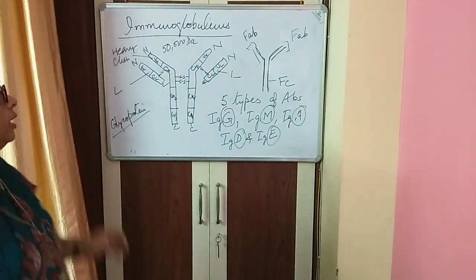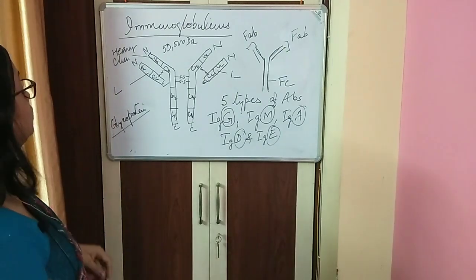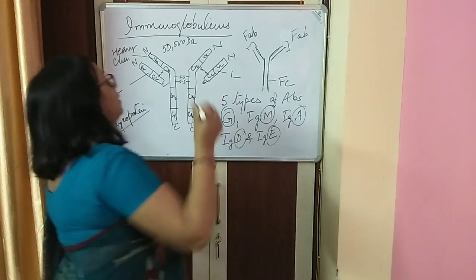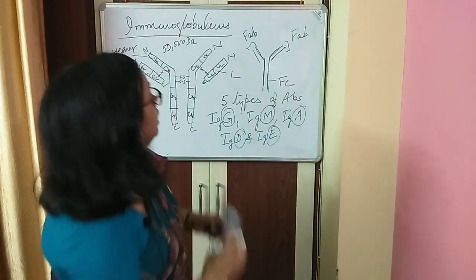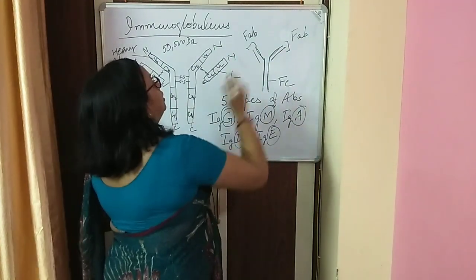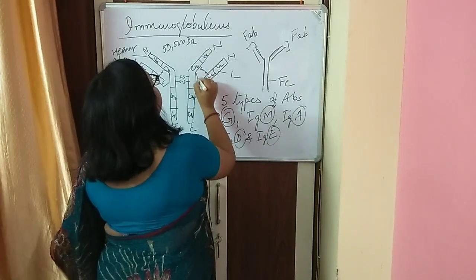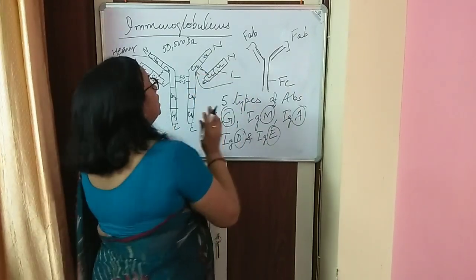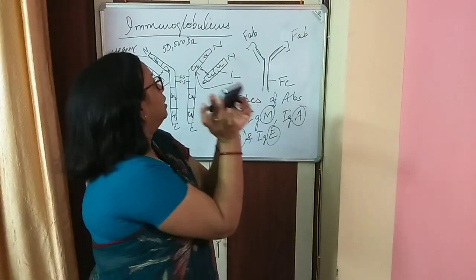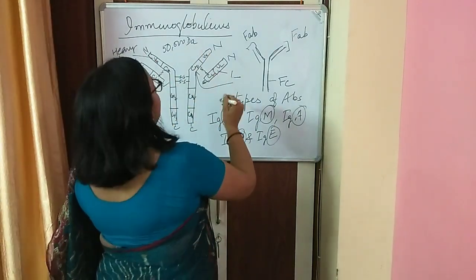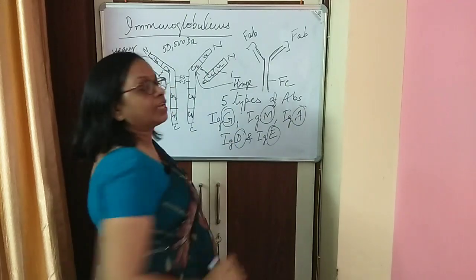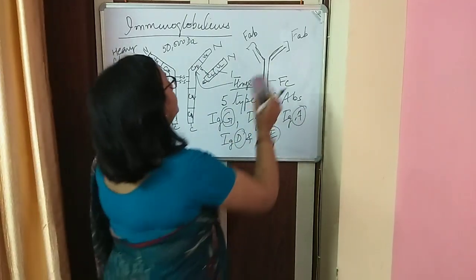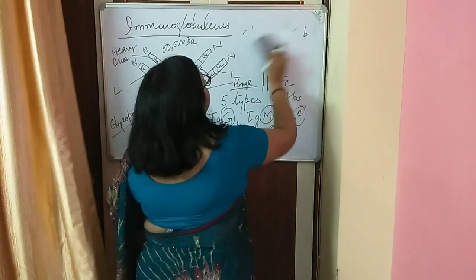Another important thing about the antibody structure is the Fab fragment, and one more thing, the hinge region. You see a little tilt in the arms; that is called the hinge region, and the hinge region provides flexibility to the antibody. What type of flexibility?